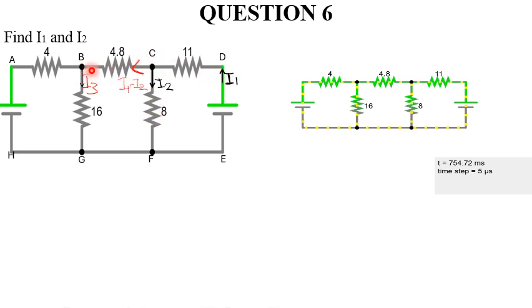So when we also get here, this one is entering this node, and this one is leaving the node. And here, this one will also be leaving the node. So to get the current that comes here, it will be I1 minus I2 minus I3.